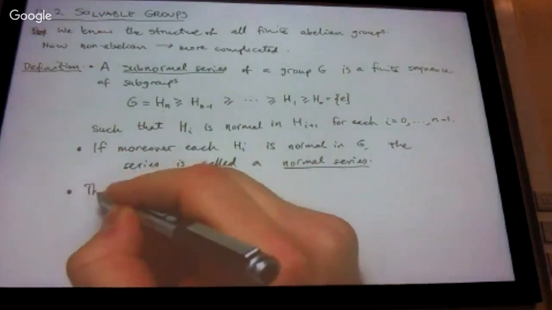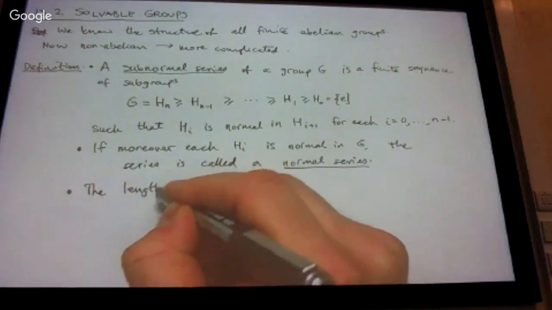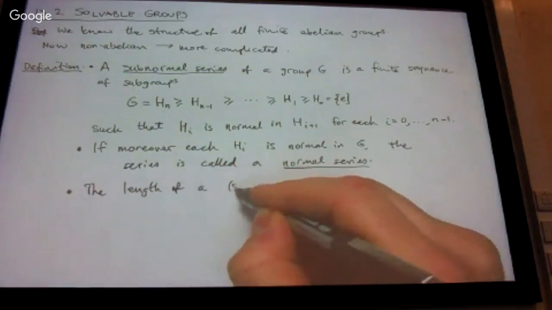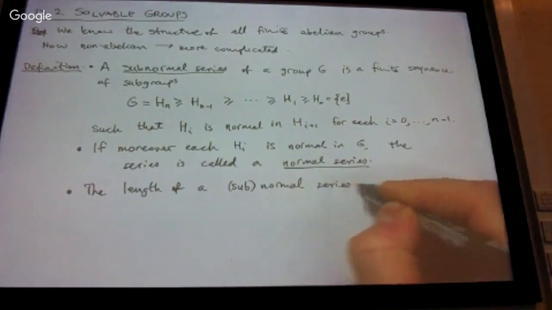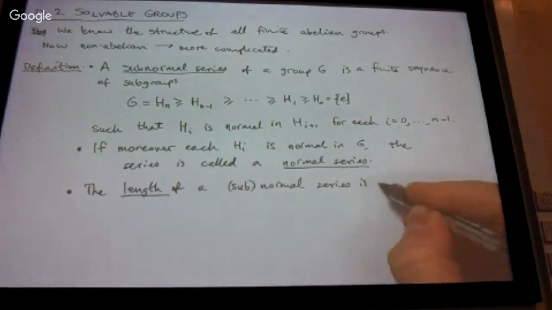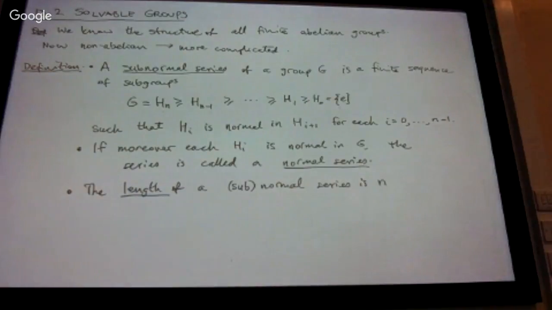And the length of such a series is n, which is not the number of groups in it, but the number of inclusions.